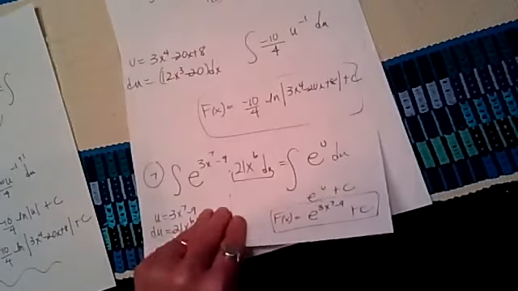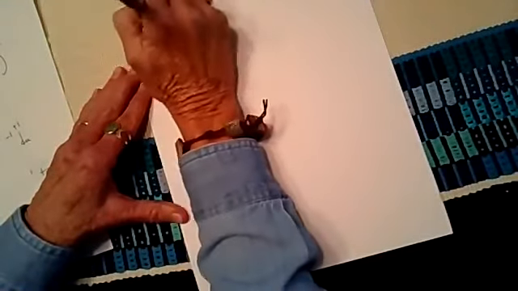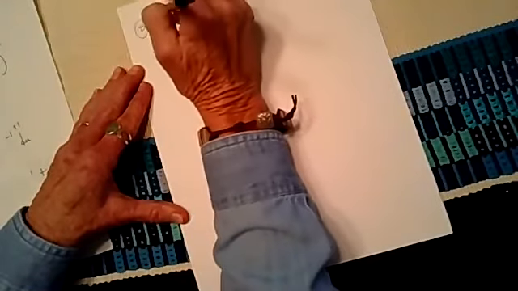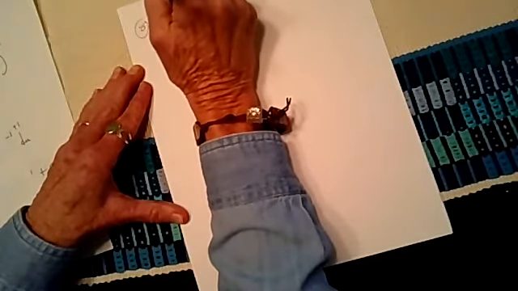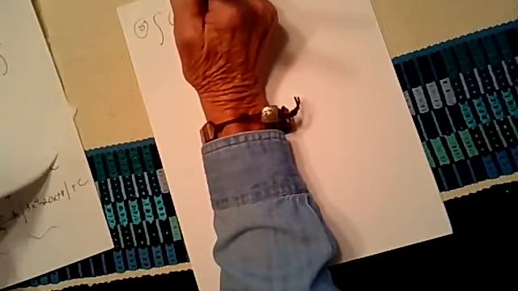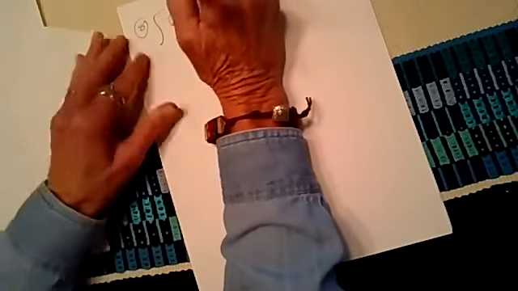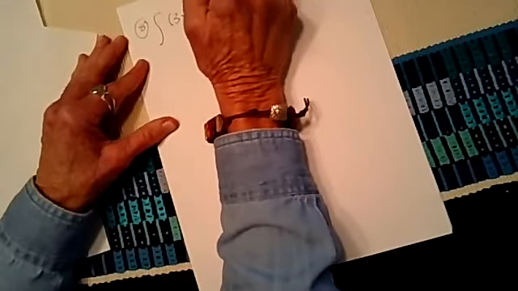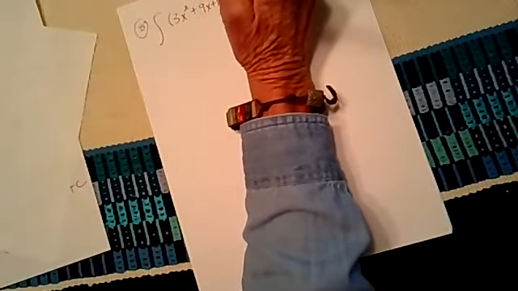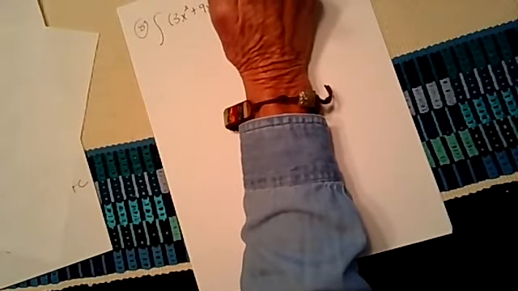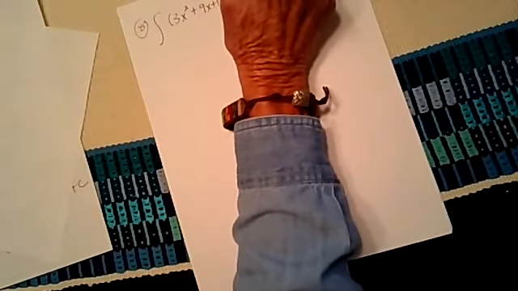Okay. So, all right, so here's another. The integral of 3x squared plus 9x plus 1 times 6x plus 9 dx.